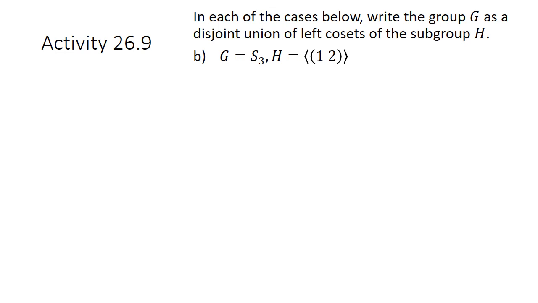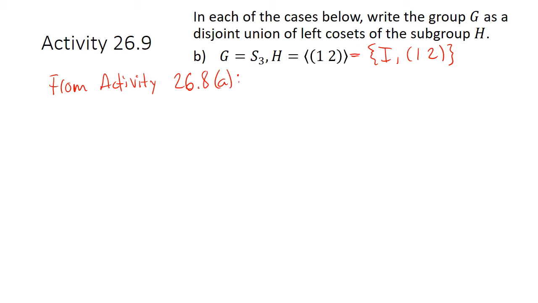Okay, so let's go over part B. Our group here is S3, the symmetric group on 3 elements, and H is that same subgroup we had been looking at before, which is just the identity and the transposition (1 2). I'm just going to copy down some things we got from activity 26.8, part A. We had that IH was the identity and (1 2).